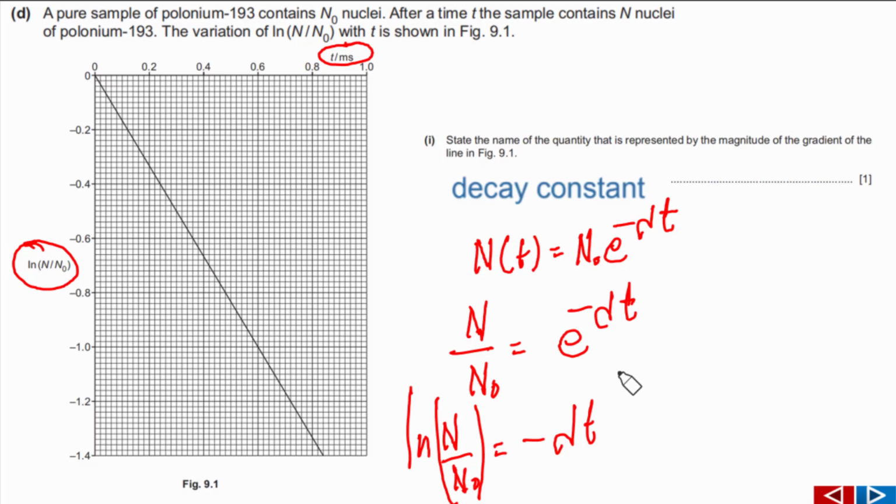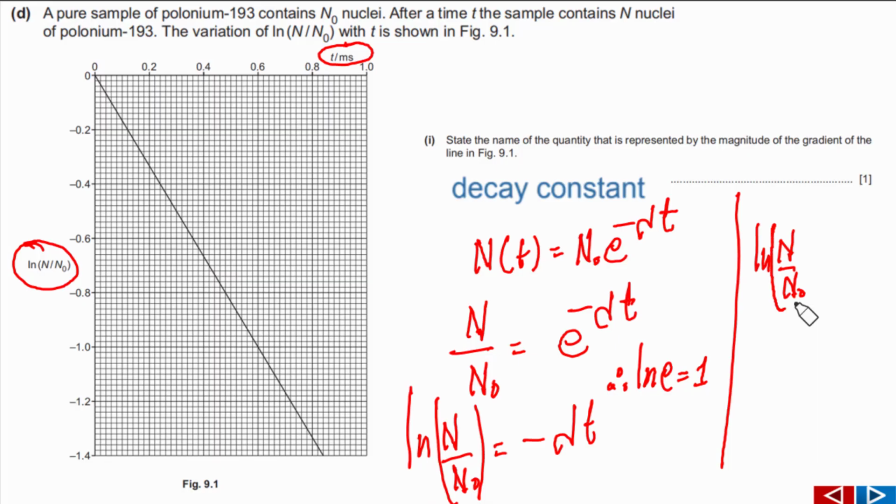This is what you need to understand: ln e is equal to 1. Now from here you can see ln N divided by N naught is equal to minus lambda t. If we compare this with y equals mx, the gradient in this case is equal to minus lambda.